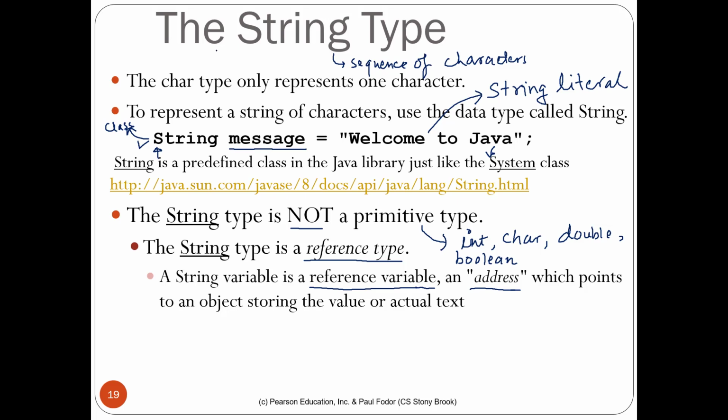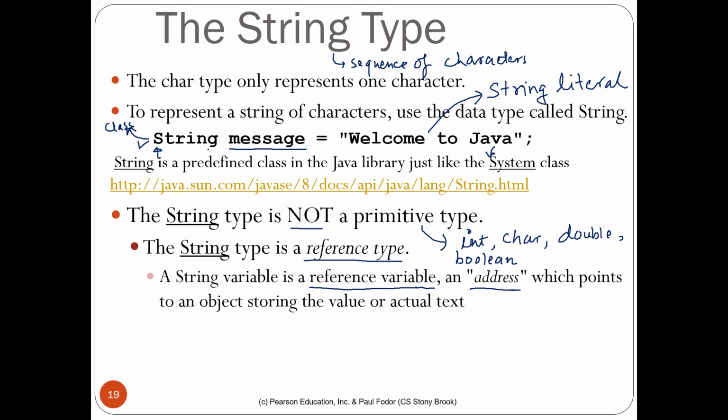What do I mean by that? If you look at message, the type of message is string and string is a reference type. In message you have 1 2 3 4 5 6 7, space, 8 9 10, space, 11 12 13 14 15 characters being stored. So a reference variable will hold more than one piece of information at times, not always, sometimes.